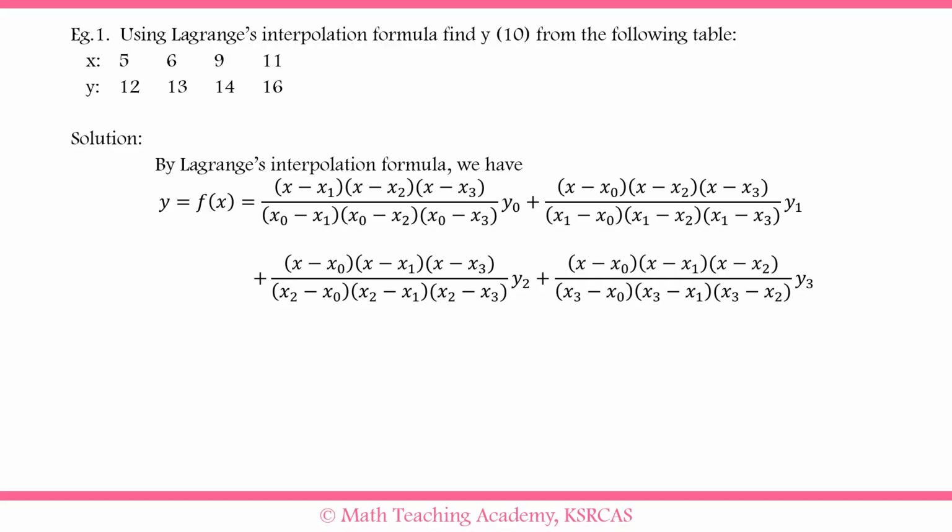So we write the formula up to y3. For the first term, we omit the value of x0 in the numerator. For the second term, we omit the value of x1 in the numerator. For the third term, we omit the value of x2 in the numerator. And for the last one, we omit the value of x3 in the numerator.